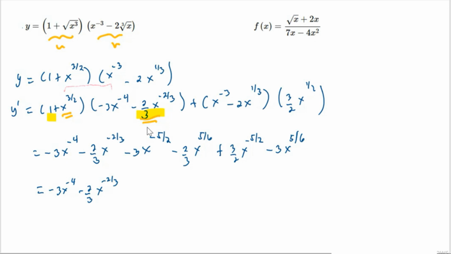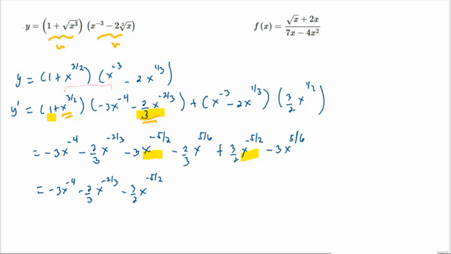Next, we have in terms of x to the power of negative 5 over 2, they are the same. So we can combine. So we have negative 3 plus 3 over 2. So the sum now is negative 3 halves. So we have negative 3 halves of x to the power of negative 5 over 2.